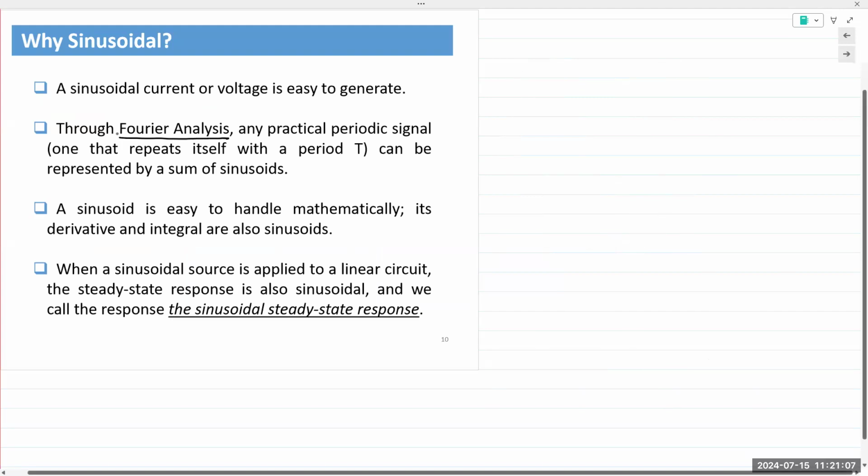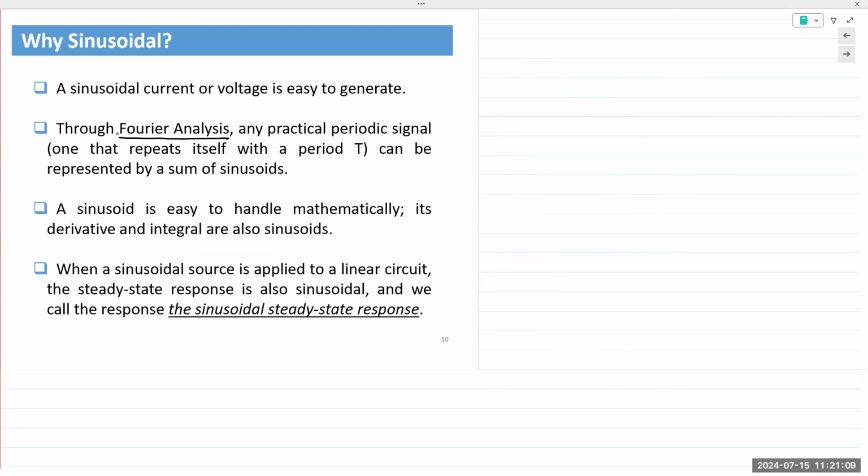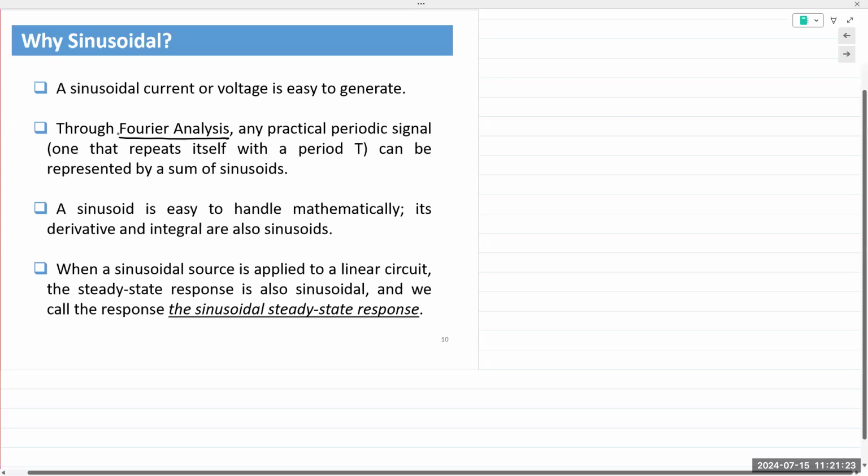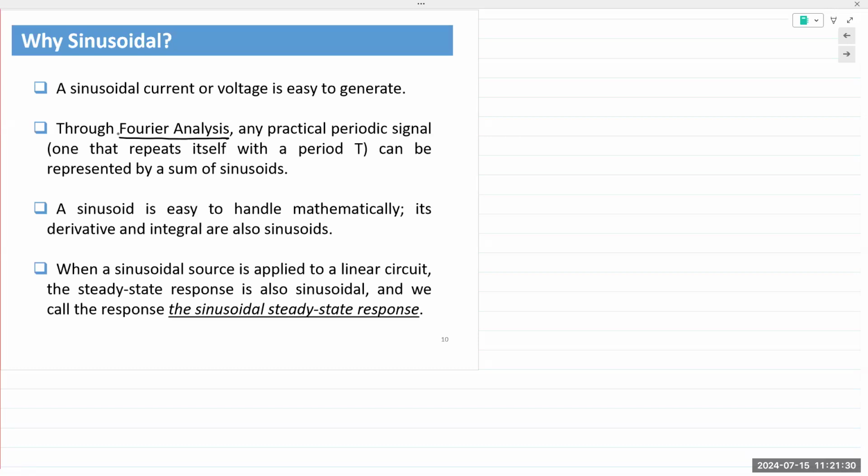The biggest advantage we have is when we apply a sinusoidal to a circuit, the resulting voltages and currents are also sinusoidal in nature. The shape of the waveform doesn't change. The frequency of the waveform also doesn't change. What does change is the magnitude or the amplitude. The y-axis value changes.